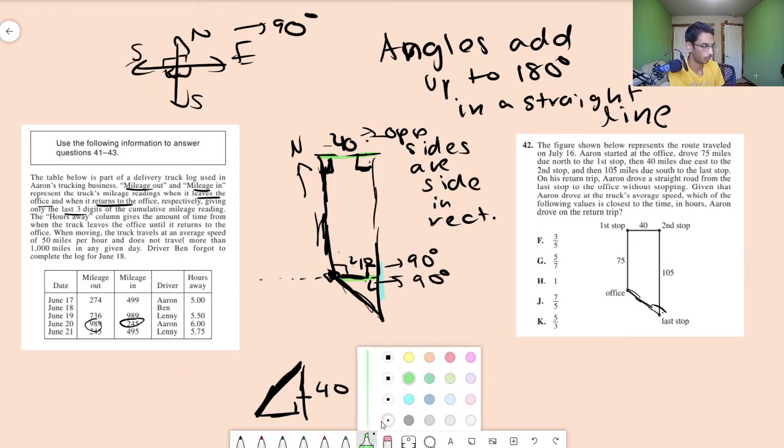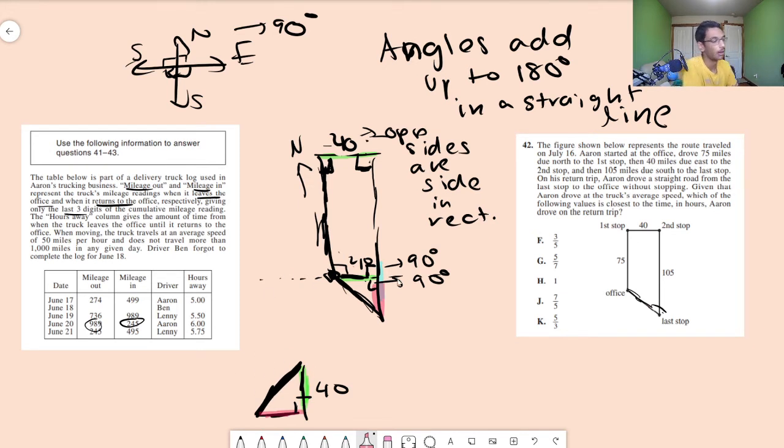Let me color code this better. This green is the 40 side, and now we need to find this red side, which is the bottom of this triangle. We can figure that out with simple subtraction. We drew a line through this rectangle, and this entire thing is 105, and this smaller section is 75.